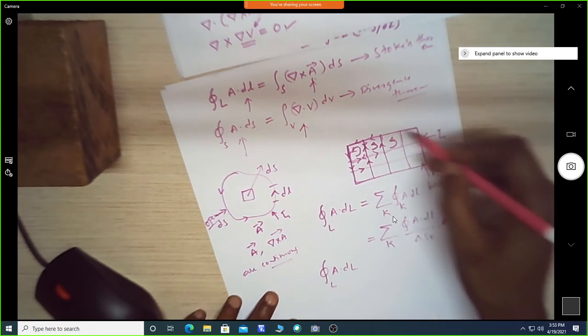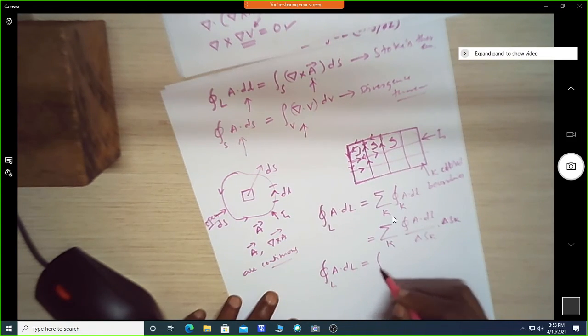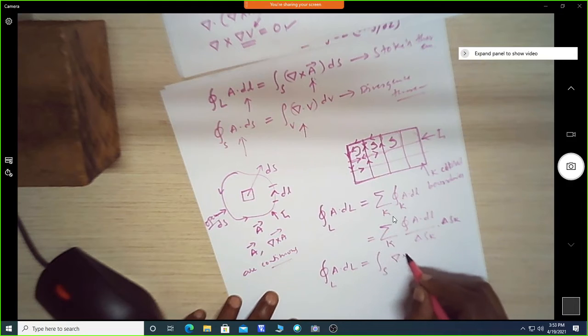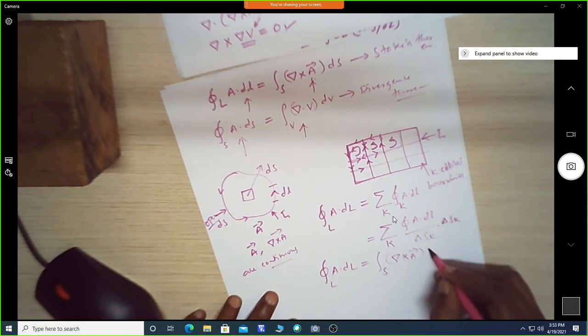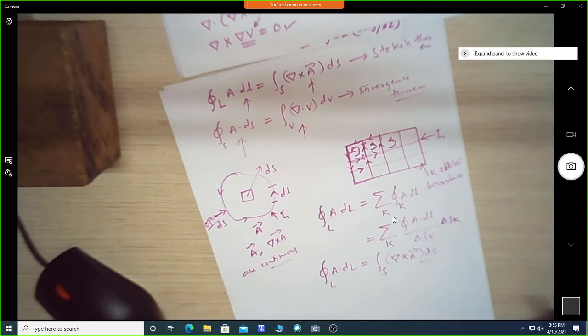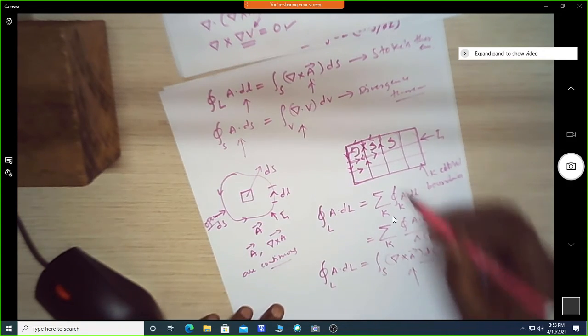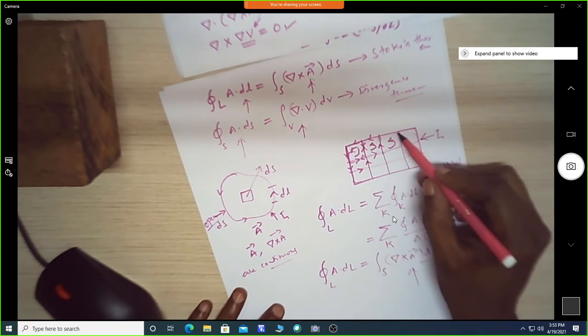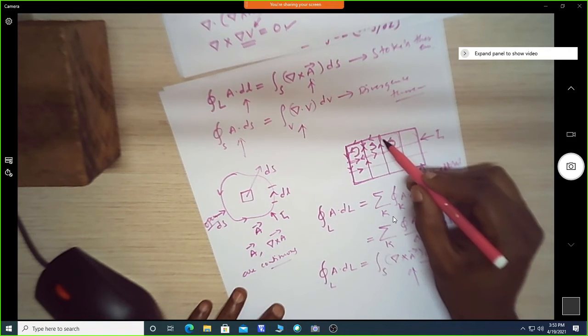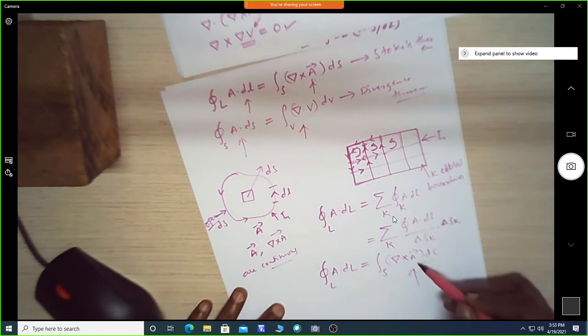the line integral of A dot dl over a closed line L gives the surface integral of del cross A over a surface area ds. So this is the Stokes theorem. Each small closed line becomes an open surface.